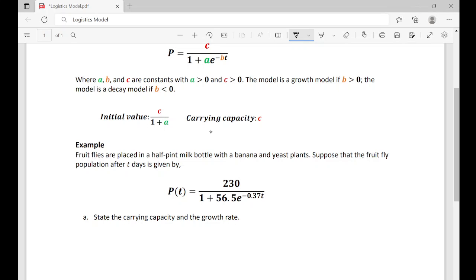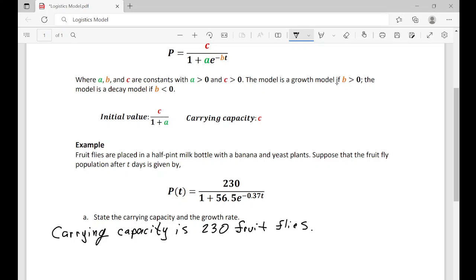Well, the carrying capacity, as I said before, is just C, and C is the top number. So we can say that the carrying capacity is 230 fruit flies. Now, what is the growth rate?